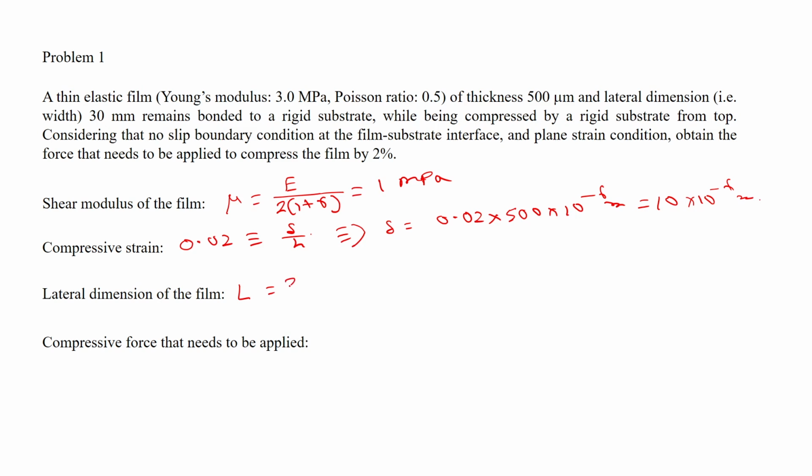Actually, the lateral dimension is 2L, so L should be 15 millimeter, because 2L is the lateral dimension of the film. In the way that I have drawn this, this distance is L by 2 here. So, L is okay, 30 millimeter, that is fine. So, this is equal to 30 into 10 to the power minus 3 meter.